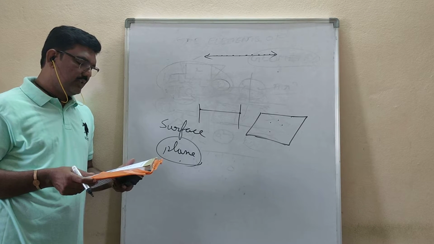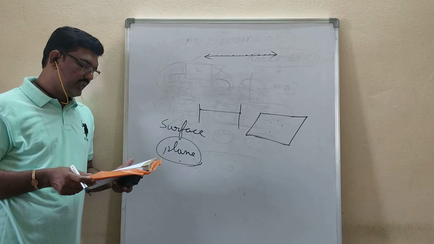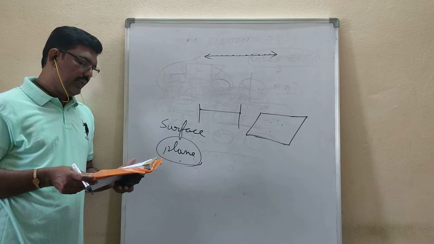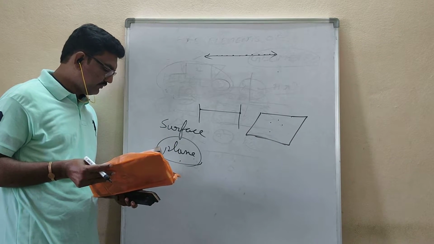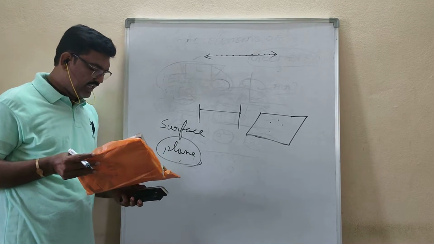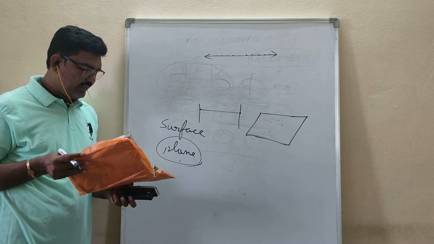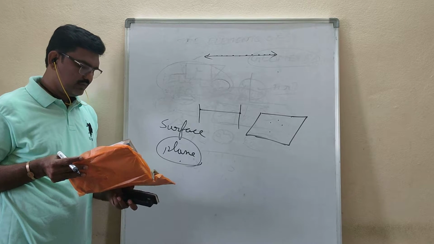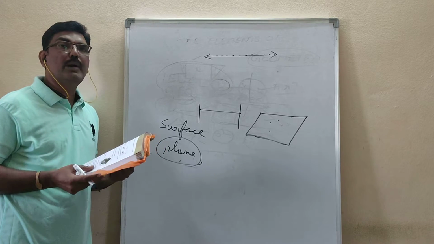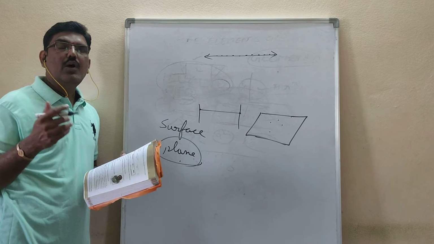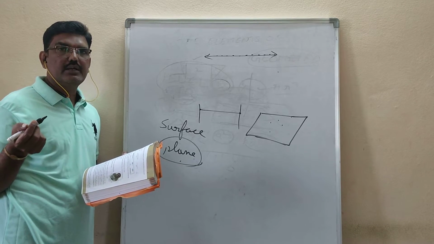Now Euclid listed 23 definitions in his book, which is called Euclid's Elements. The name of the book is The Elements. In that, the first one: a point is that which has no part. So how did Euclid define a point?